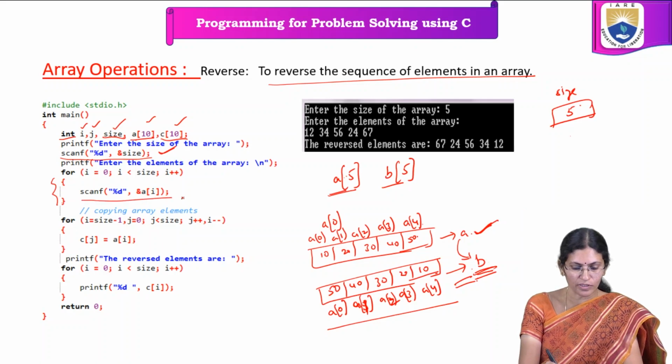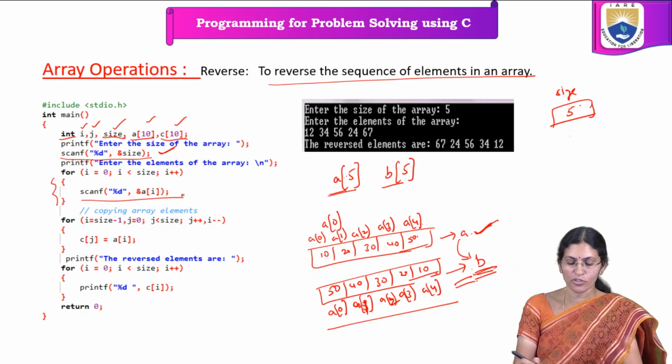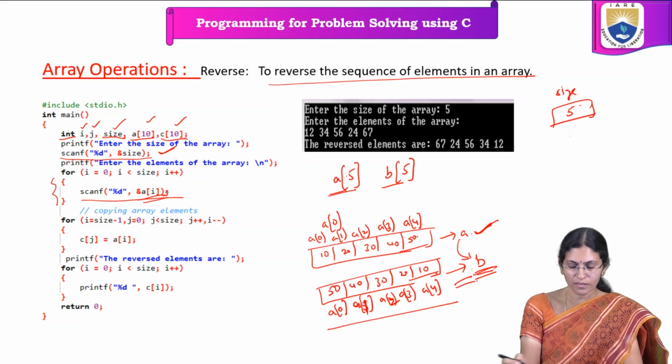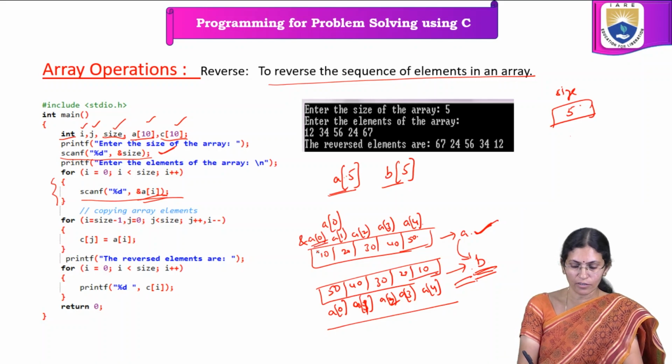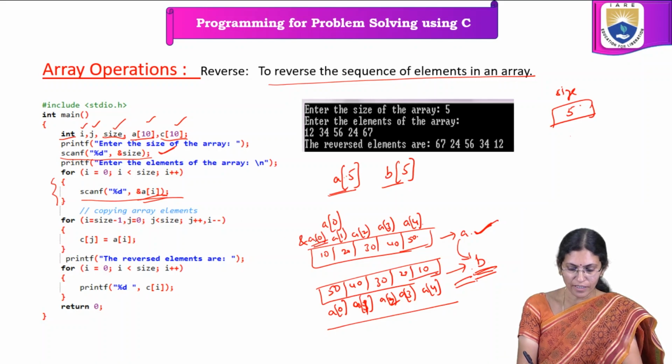For that we are using the scanf function, and we need to enter the elements of the array index-wise. The first element will be stored at the address specified by A of 0. The array name is A, and A of 0.